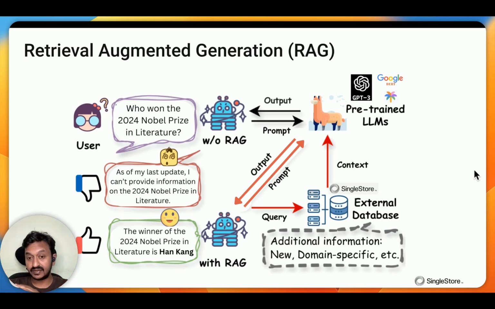But if you give the same system an external database, a source where the LLM can fetch the relevant chunks and responses, then it can answer with the RAG setup saying, the winner of the 2024 Nobel Prize in Literature is Han Kang. So that's the importance of RAG.